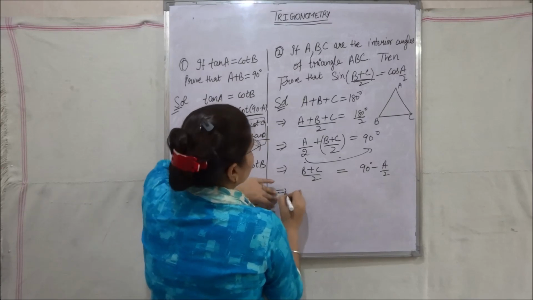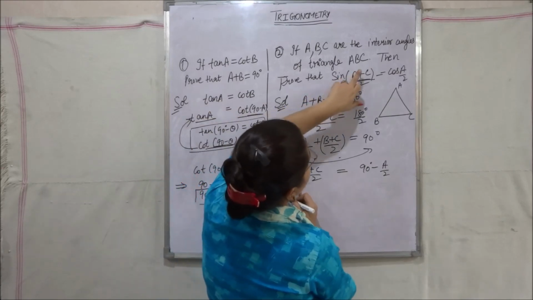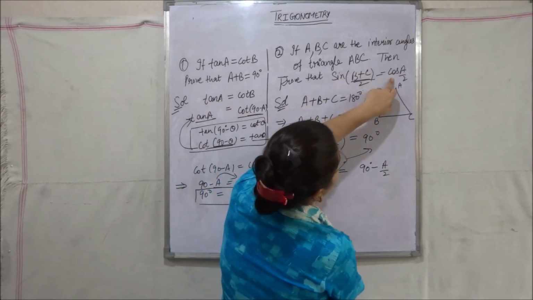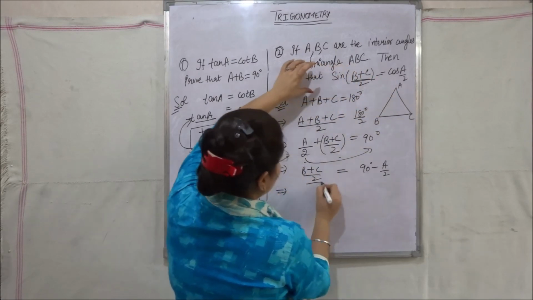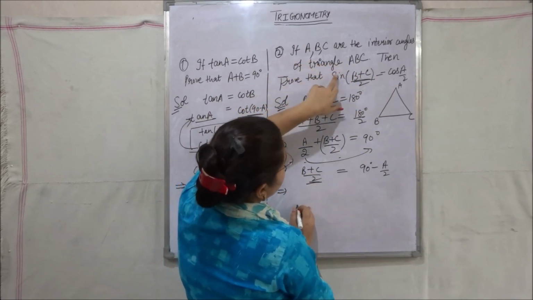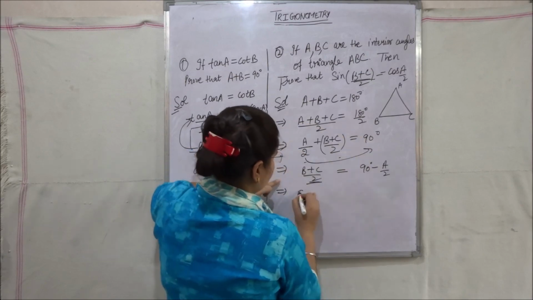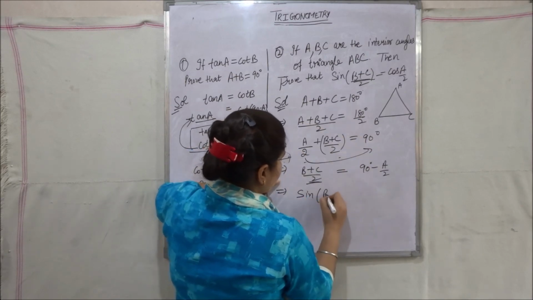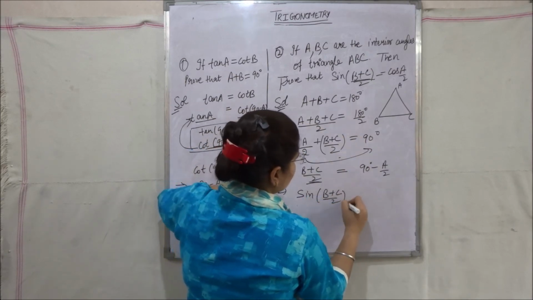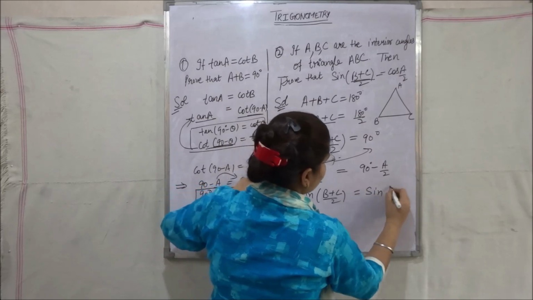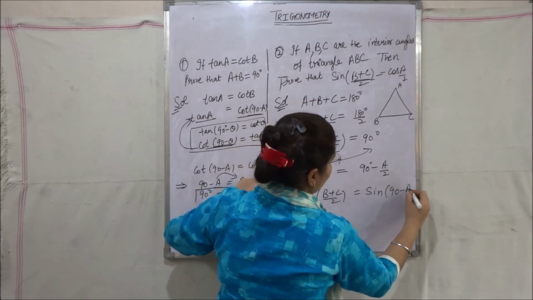Now we have to prove that sine of (B plus C) upon 2 equals cos of A upon 2. So we apply sine on both sides: sine of (B plus C) upon 2 equals sine of 90 degree minus A upon 2.